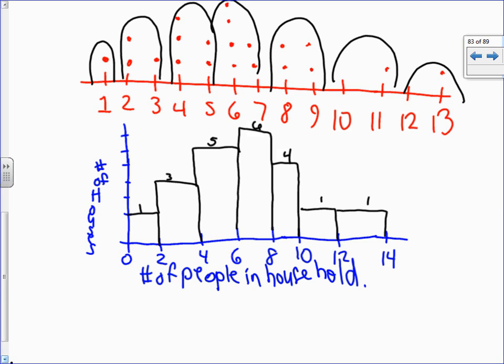So the key is, if you're on the border, it goes in the next one. That, to me, is the tricky part, and also determining how many bars. You want to have between 5 and 10. We have 1, 2, 3, 4, 5, 6, 7 bars, which is between 5 and 10. So again, if you're on the border, it goes in the next one, right?